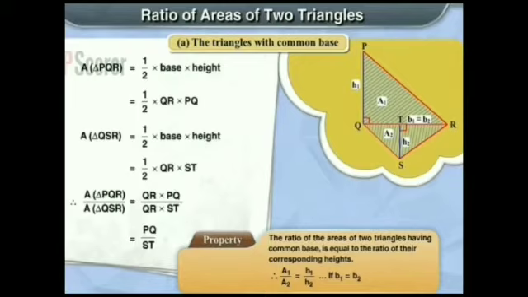And area of triangle QSR is equal to half into base into height is equal to half into QR into ST. Now, after writing the ratio of these two triangles, we get area of triangle PQR upon area of triangle QSR is equal to QR into PQ upon QR into ST. Now we have common base for both the triangles.